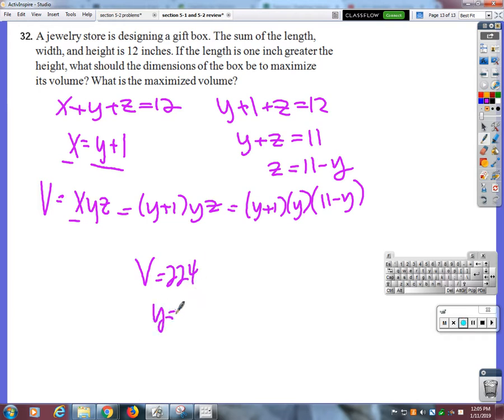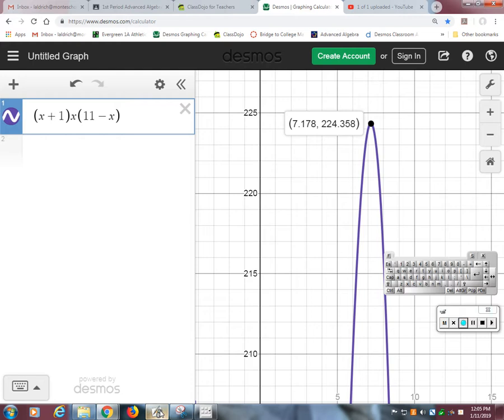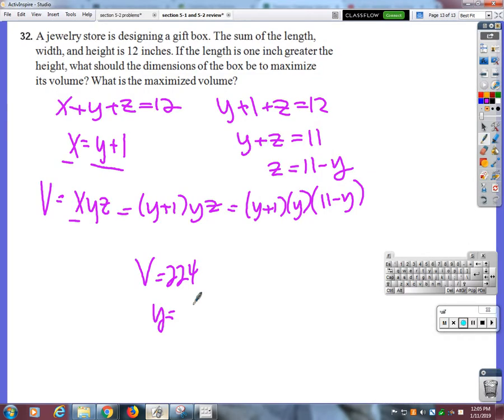And then we figured out that for that to happen, y has to equal about 7. So if y is 7, what's x? Eight, good, because right here it says x is equal to y plus 1. So if y is 7, x is 8. Hang on.